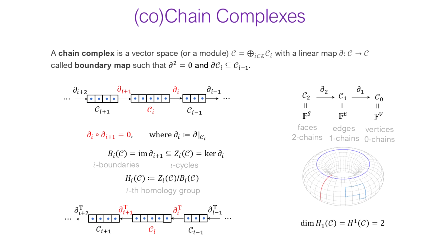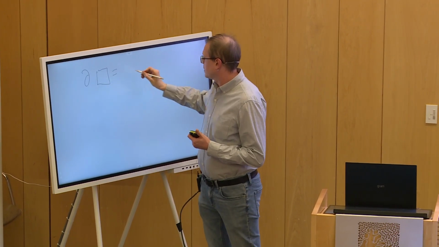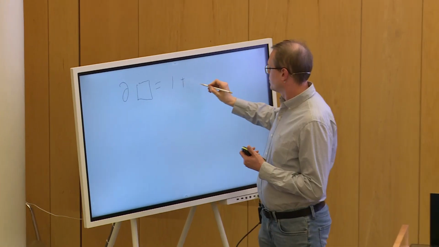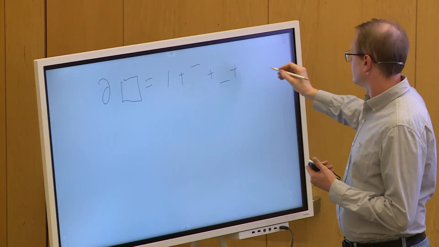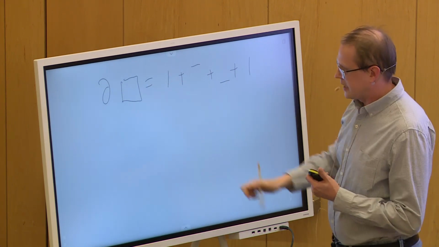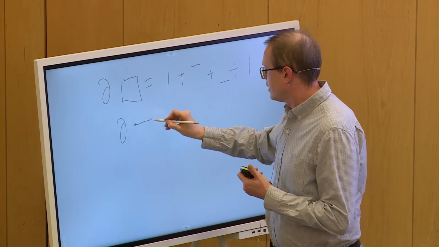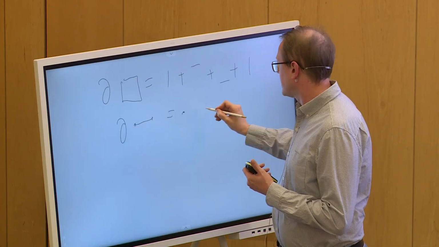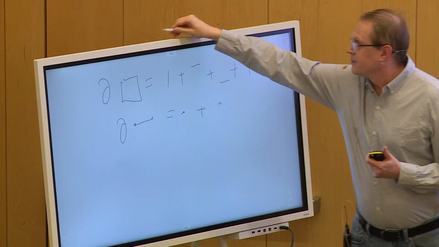If we have a square, the boundary map is just the sum of all these four edges. And exactly the same, if we apply it to an edge, this is just the sum of these two vertices.